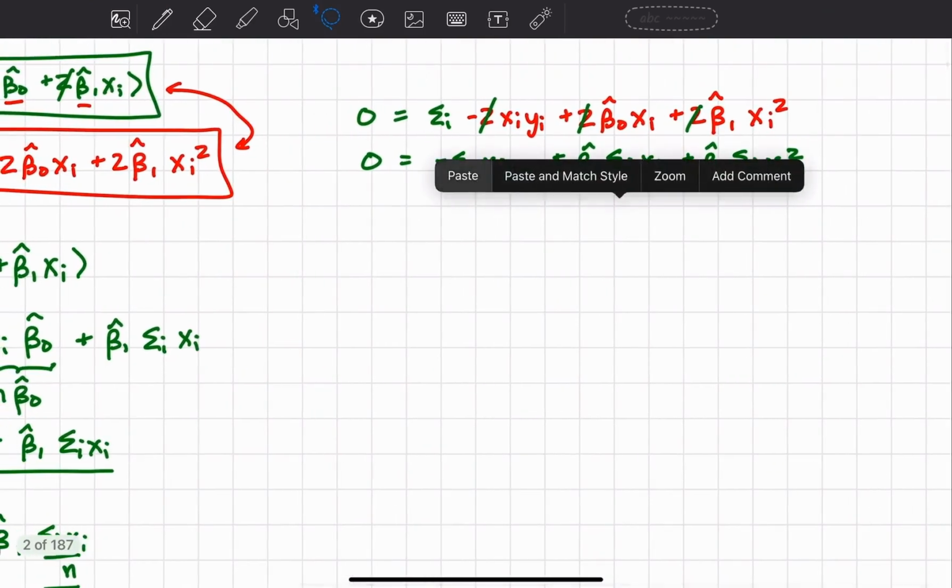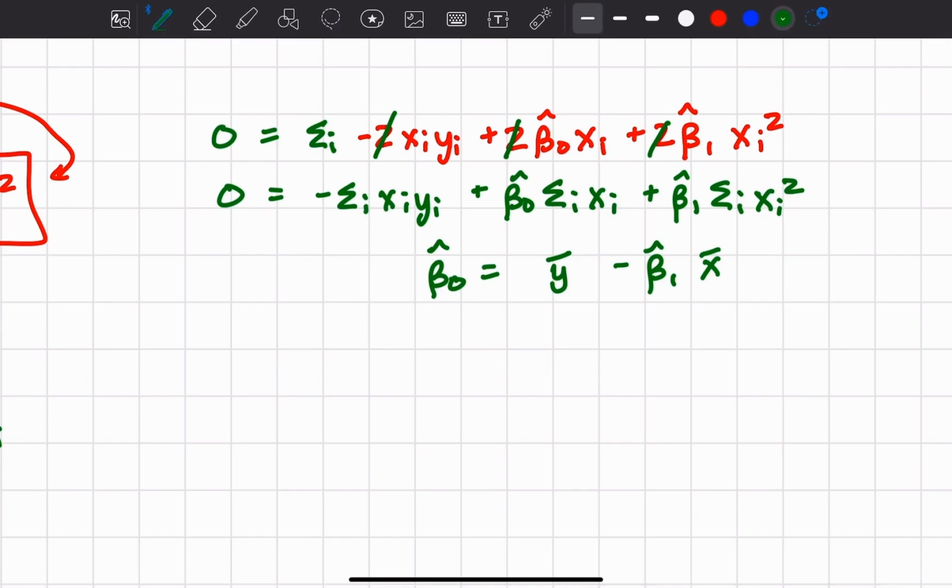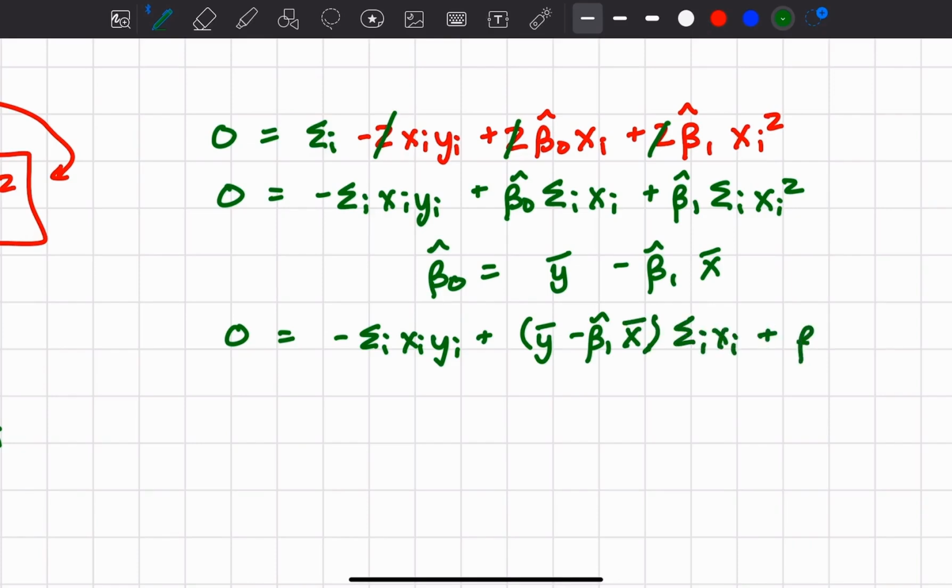So since this is true, let's sub in for beta naught hat and then work on isolating beta 1. So 0, negative sum i xi yi plus y bar minus beta 1 hat x bar, sum i xi plus beta 1 hat sum i xi squared.